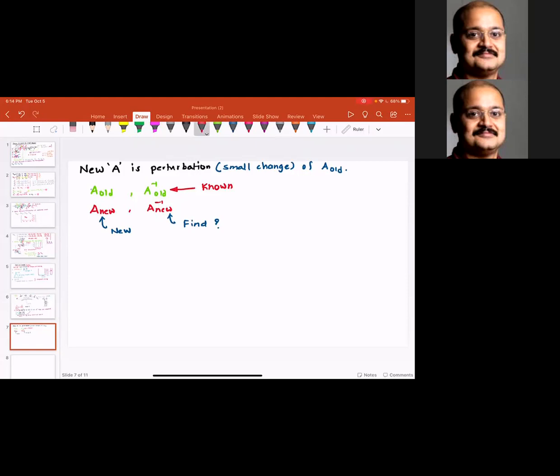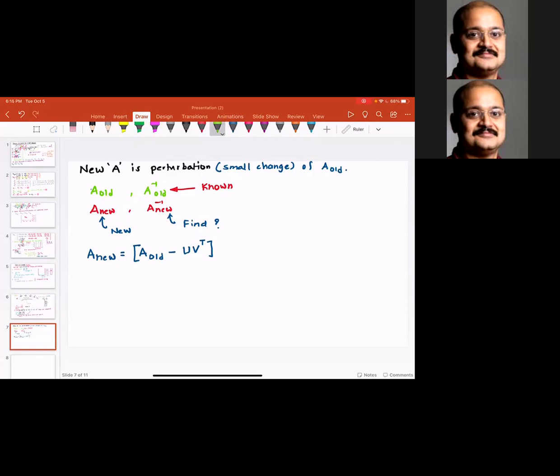I'm going to write it like this. A new is expressed as A old minus a column and a row vector, U V transpose. So A new is nothing but A old, and this could be plus or minus, it doesn't matter. But in terms of the formula or equation, usually it is written as minus.